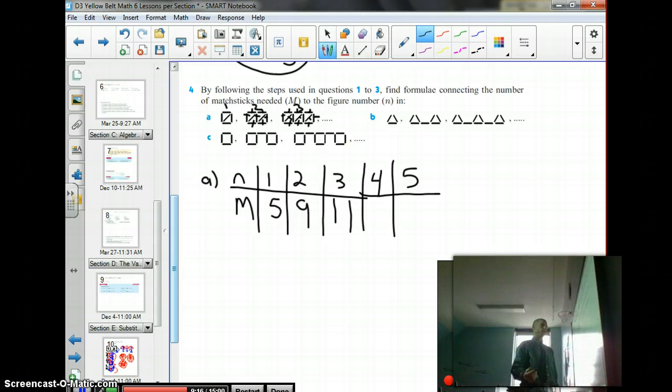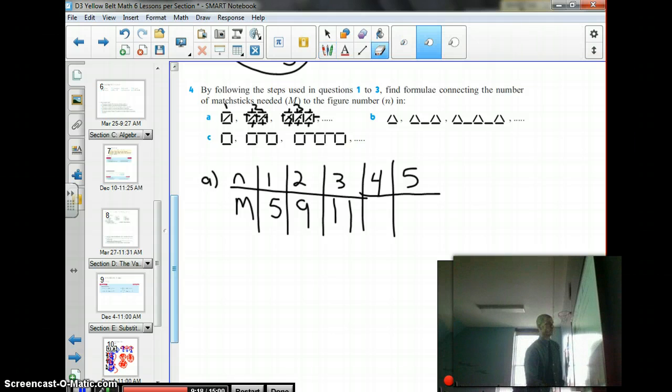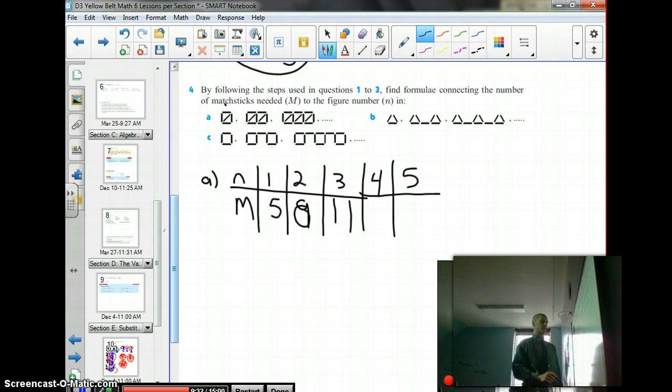So let's double check, because I don't know if I did this correct. Maybe I counted them wrong. 1, 2, 3, 4, 5 in the first one. 1, 2, 3, 4, 5, 6, 7, 8 in the second one. 1, 2, 3, 4, 5, 6, 7, 8, 9, 10, 11 in the third. So I did make a mistake in the second one. That can happen very easily.